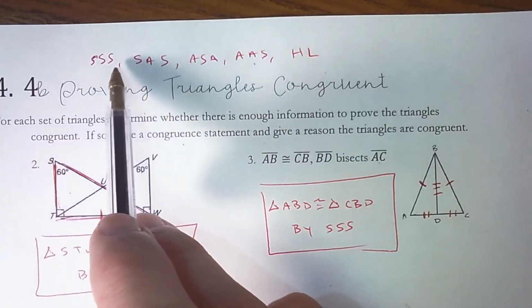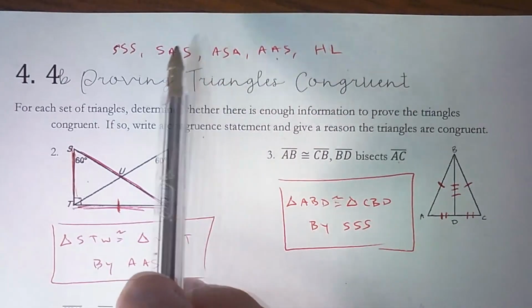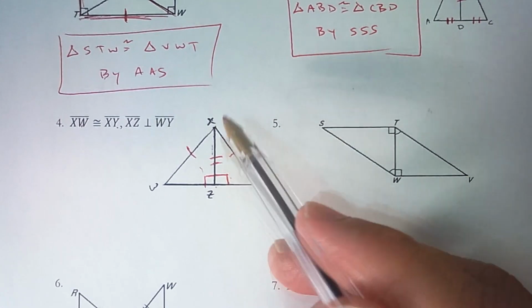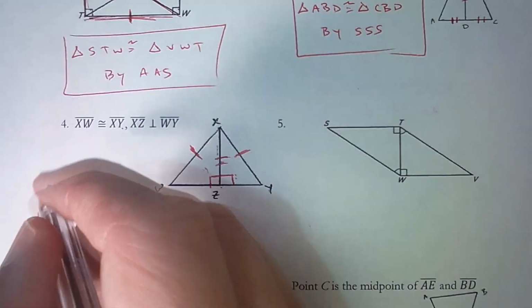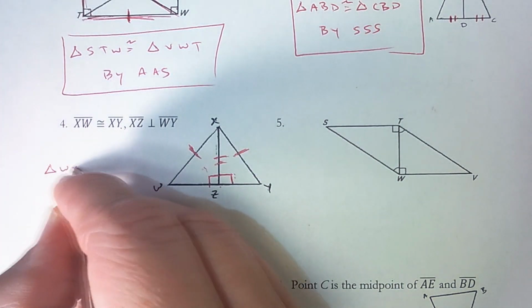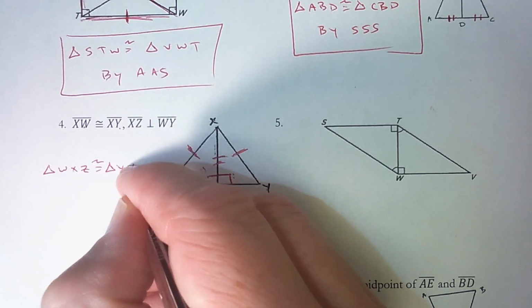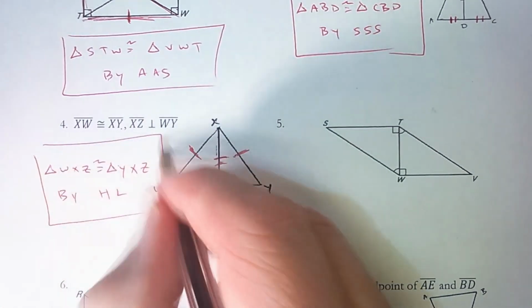Now, I can't use any of these other 4 because I do have 2 sides and an angle, but the angle has to be between the two sides, and it's not. But they are right triangles, hypotenuse congruent, leg congruent, so the two triangles are congruent. Triangle WXZ is congruent to triangle YXZ by hypotenuse leg.